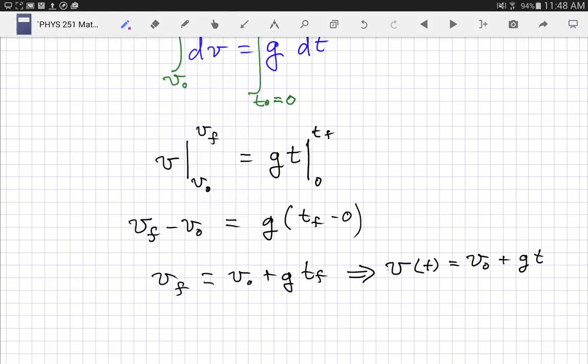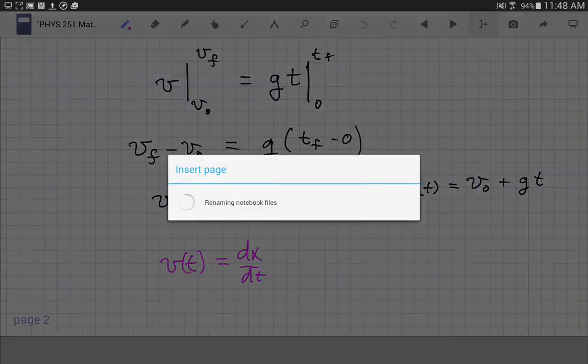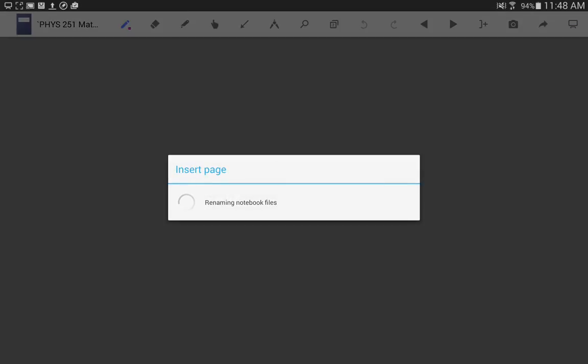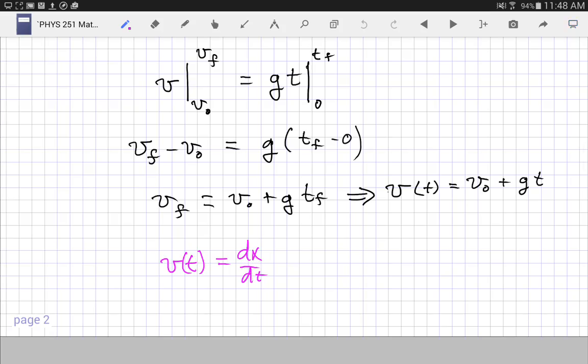That is v, nice work, is equal to dx dt. Now since I know v is dx dt, I will be able to go through the same type of work to get to the next level. So the first thing I'm going to need to do is replace the v with what I just found.